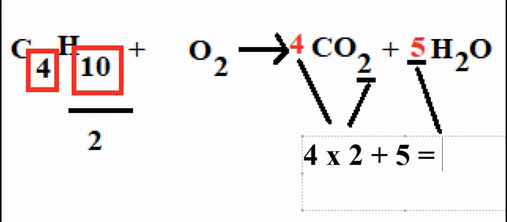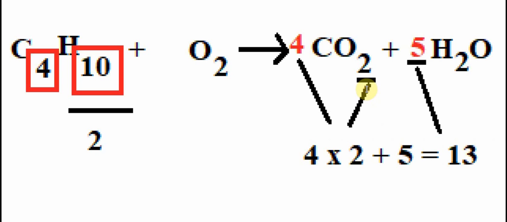So we got 13. After we calculate all the oxygen on the right, we have 13. We just divide by 2, because 13 divided by 2 multiplied by 2, you get 13 here.